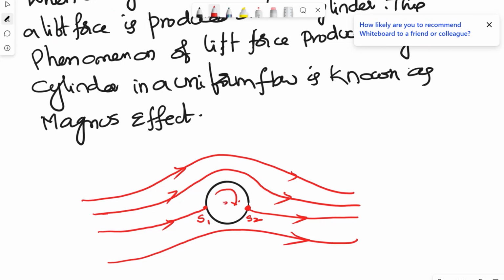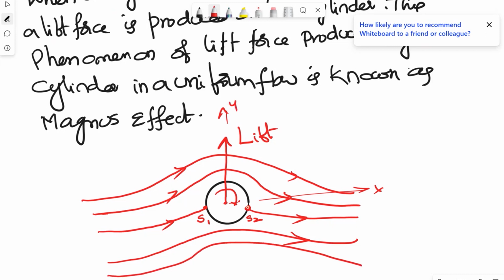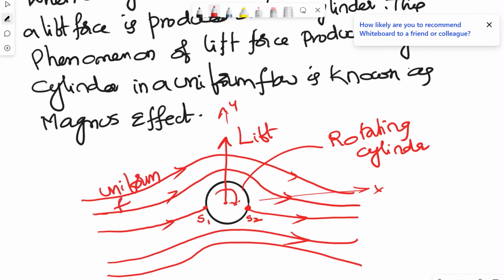Here, this is lift L. In this direction, this is the X direction and this is the Y direction. So the rotating cylinder in a uniform flow experiences a lift, and that is what we call the Magnus effect.